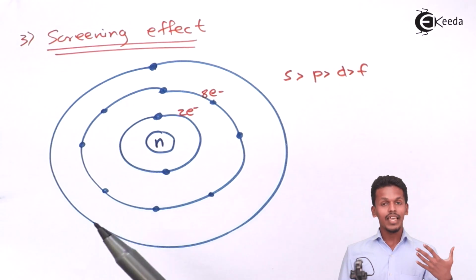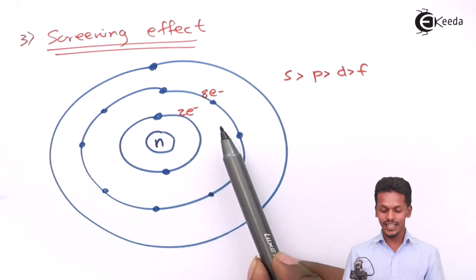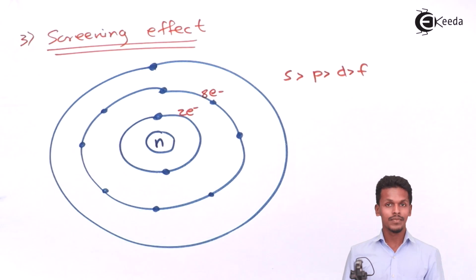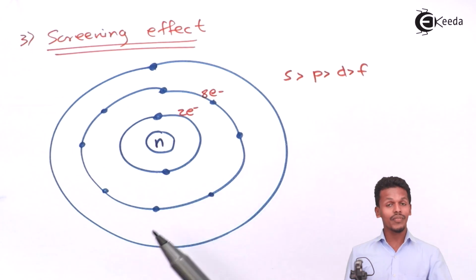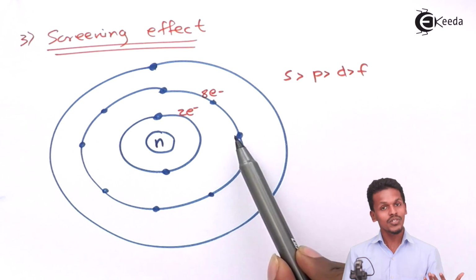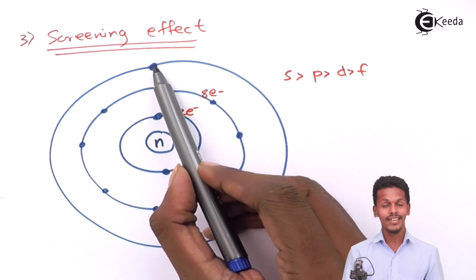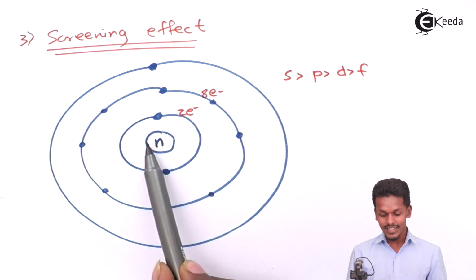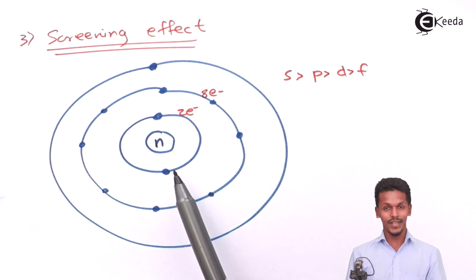Therefore the distance between the nucleus and the outermost shell that contains electrons is now smaller. This is the ionic radius that we are talking about.